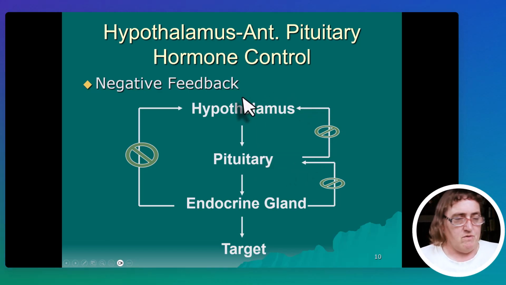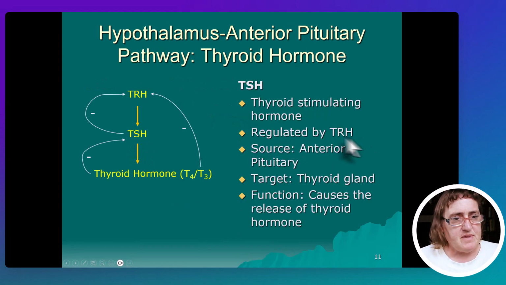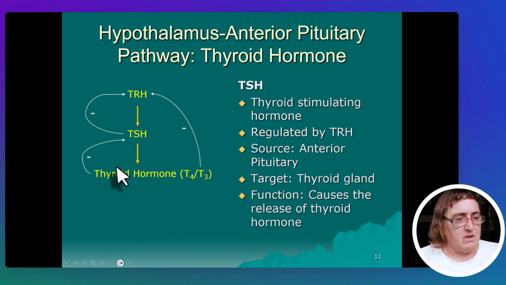TSH will turn off the one above it. That keeps your thyroid hormone level about level all of the time. Okay? So here's a picture. Thyrotropin releasing hormone from the hypothalamus causes the release of TSH, which causes the release of thyroid hormone. And any one below can inhibit the one above.